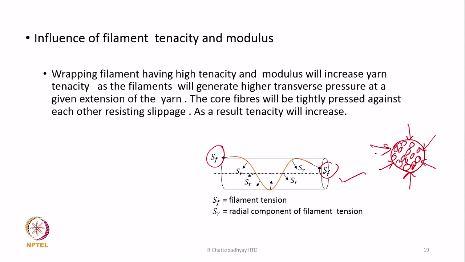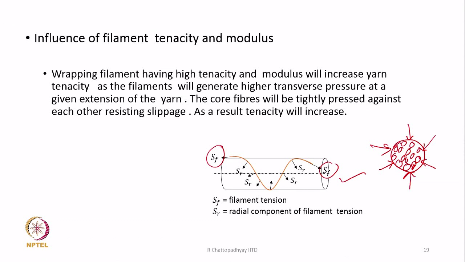There are mathematical models where people have already developed models to predict the strength of such a structure. But the basis is that as I stretch such a yarn, the filament will get stretched.